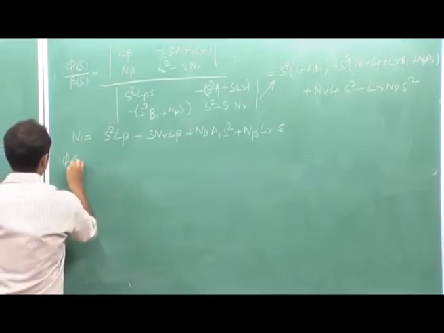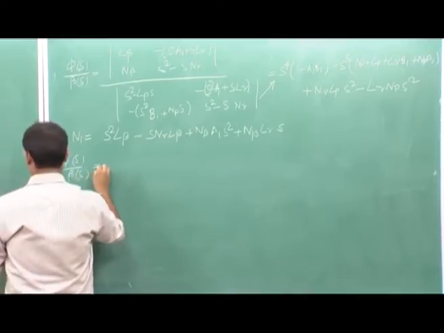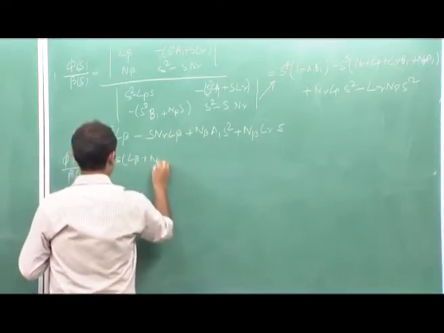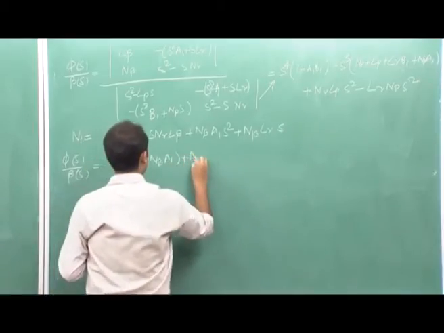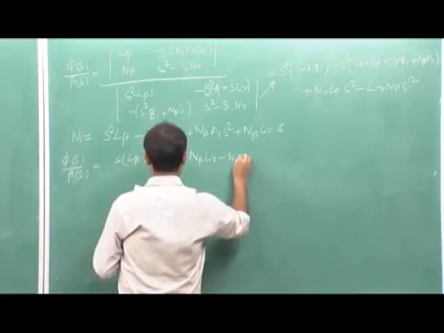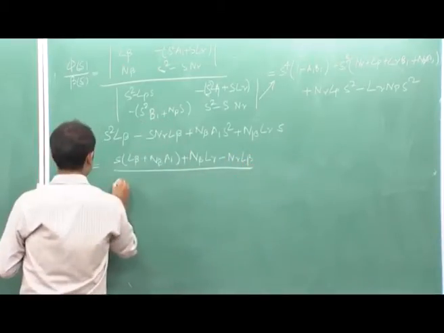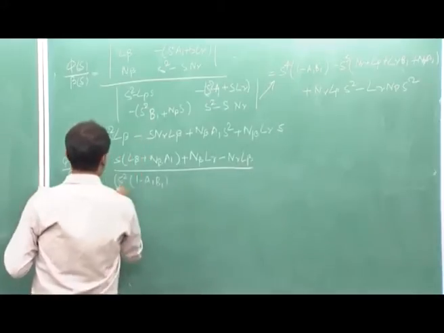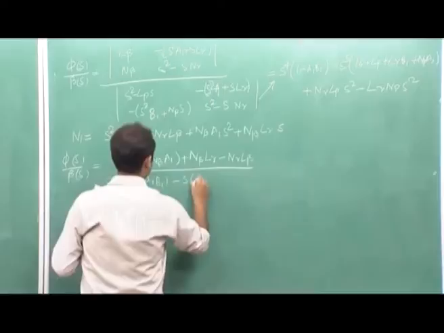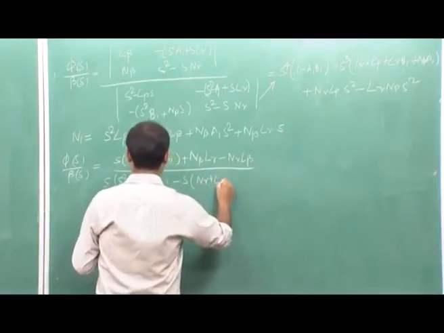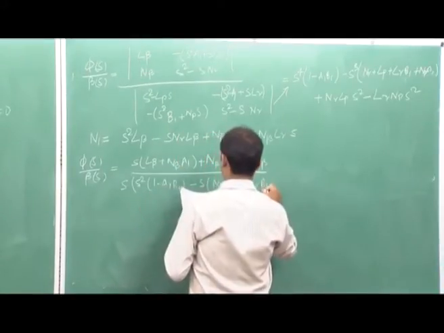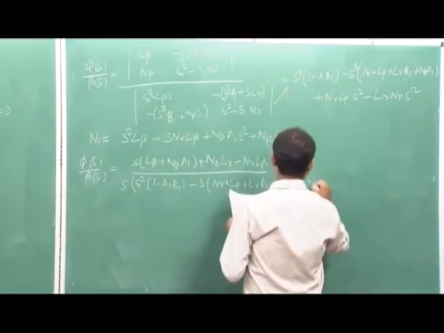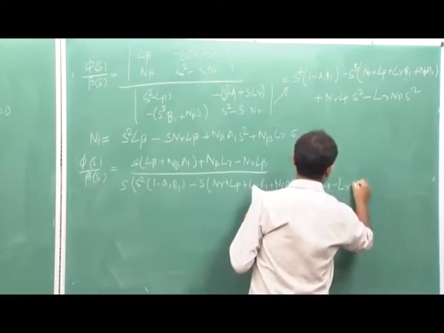So phi of s upon beta of s will be s into (L_beta plus N_beta A1) plus (N_beta L_r minus N_r L_beta), divided by s square (1 minus A1 B1) s into minus s (N_r plus L_p plus L_r B1 plus N_p A1) plus (N_r L_p minus L_r N_p).